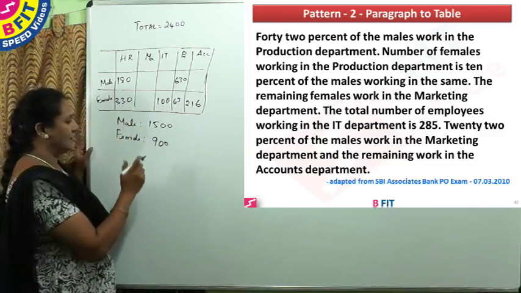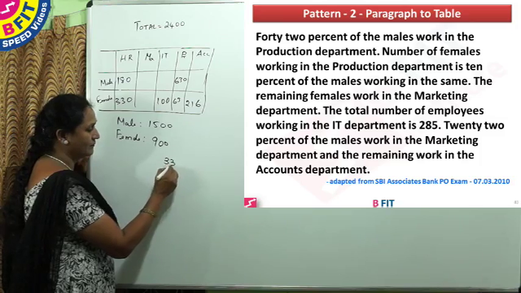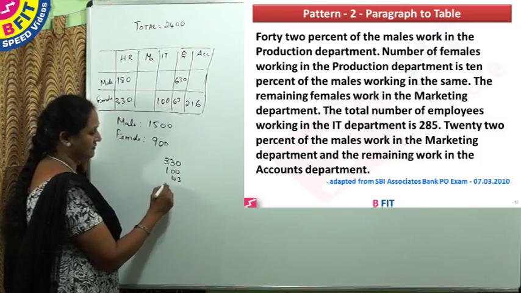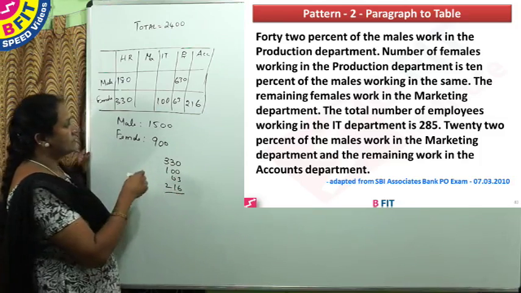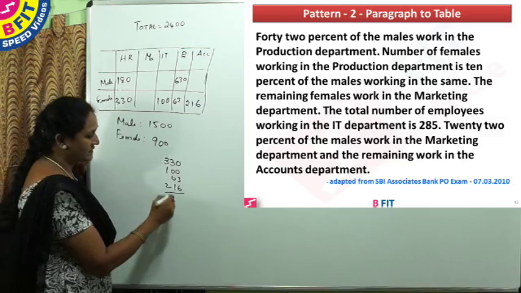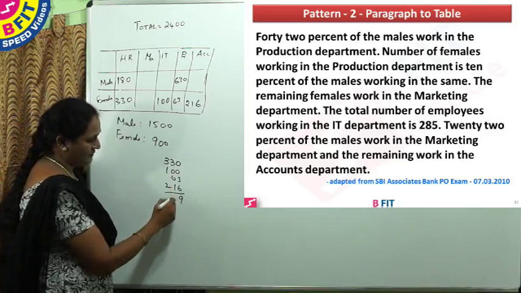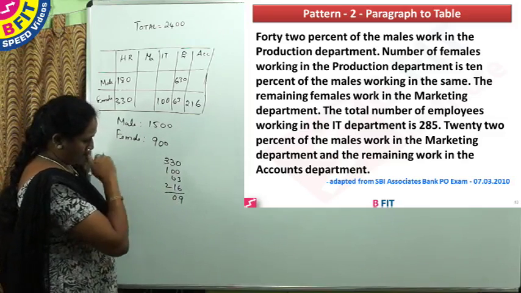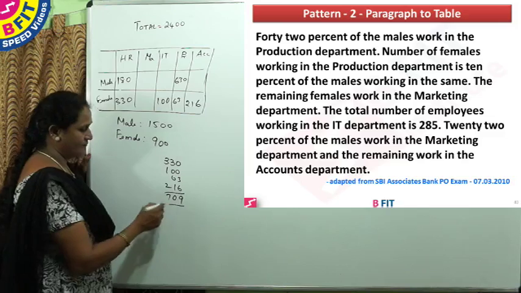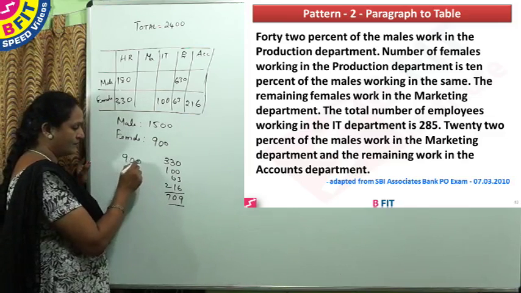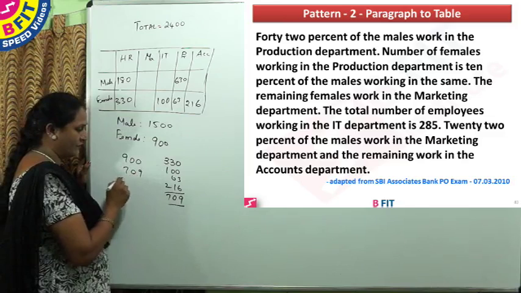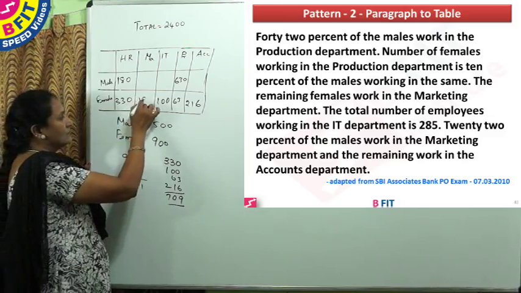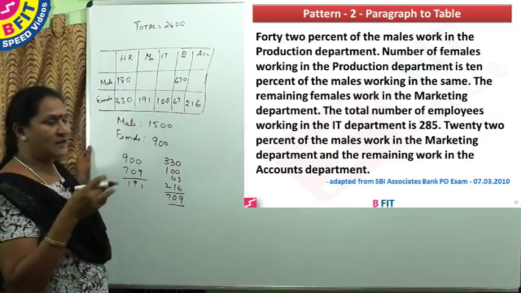Now adding this data: 330 plus 100, 63, 216. The sum of female in the other departments is 709. Subtract 709 from total female, it is 191. So 191 female in marketing department.